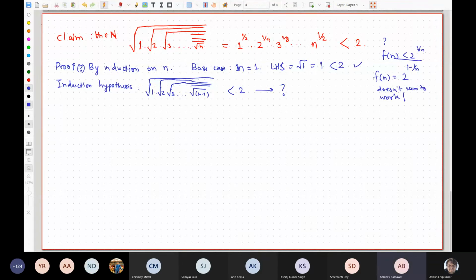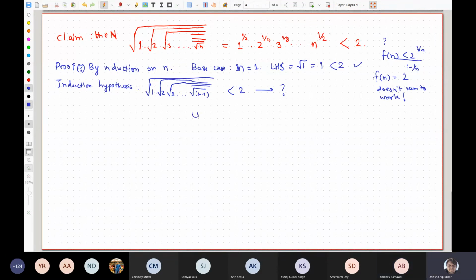Sir, we may use AMGM inequality here. Okay, and then what? Sir, so if we use AMGM, we'll get that this term is less than or equal to 1 by 2 plus 2 by 4 plus 3 by 8 up to n by 2 to the power n. Say that again?